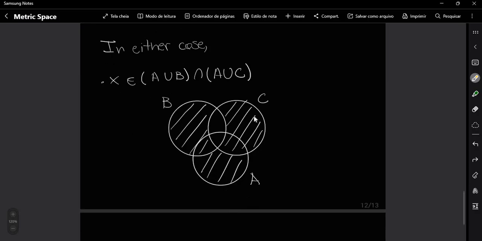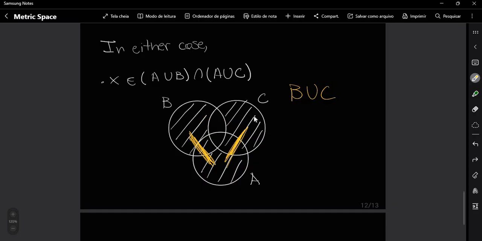So the x elements will appear right here, and A in a union with C. And if you can notice, we do not have B in a union with C. Okay, so right here, probably the x element is not right here.